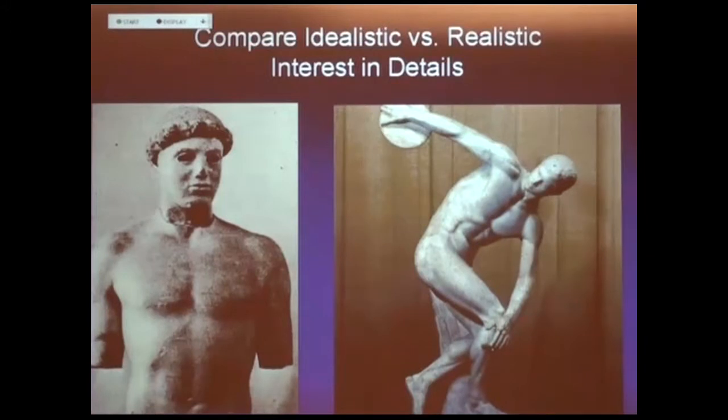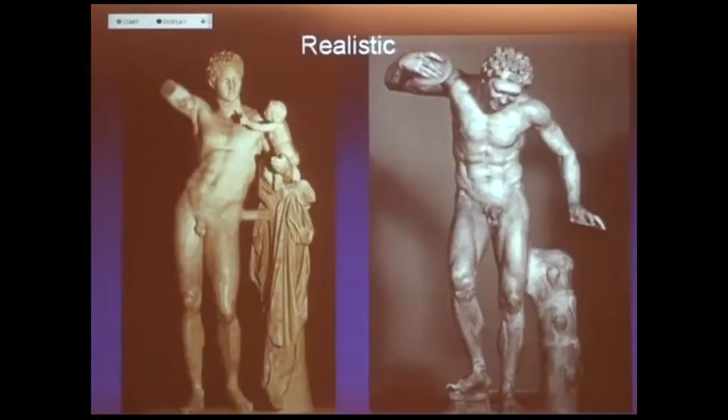Okay, he's ready to throw this discus, and you can see that potential energy in his body in the way he's sculpted the muscles. So he was interested in tremendous details here as compared to this ideal noble athlete of the Greek times. Or look further at this another Discobolus sculpture, which goes even further into the details.